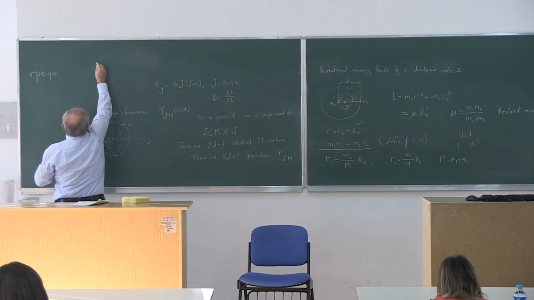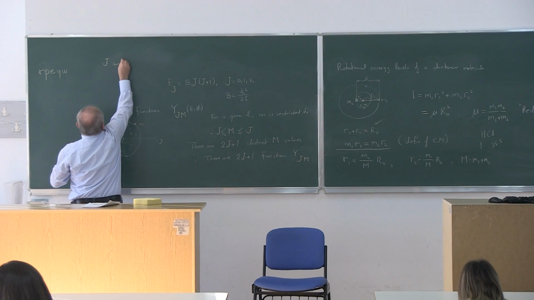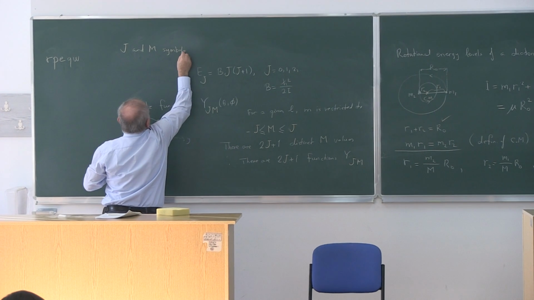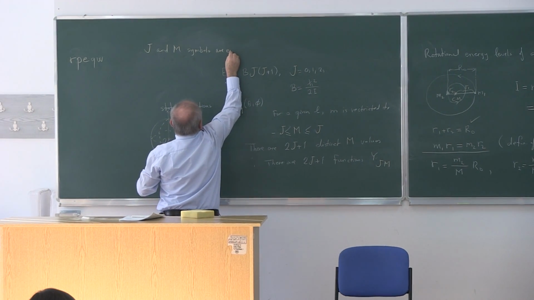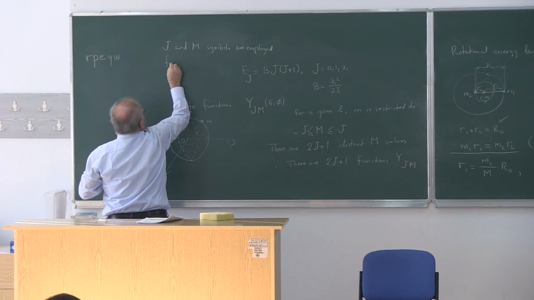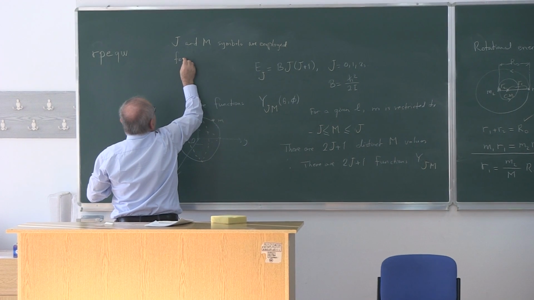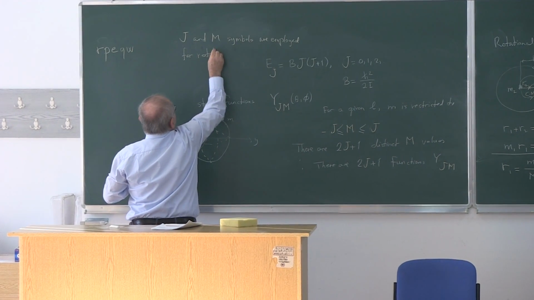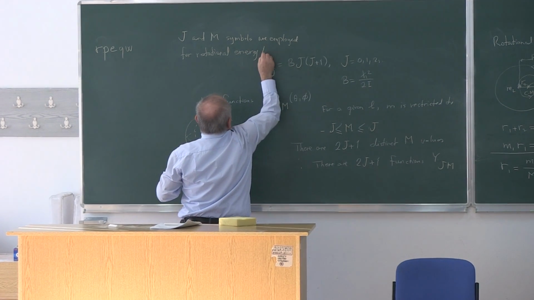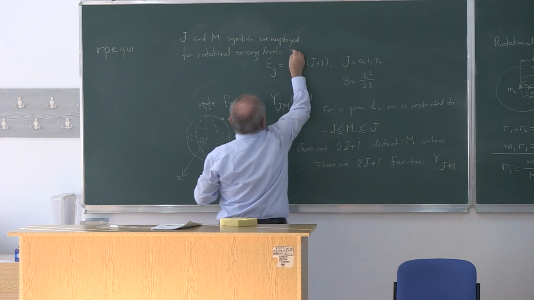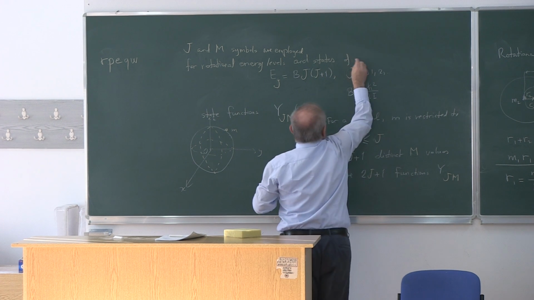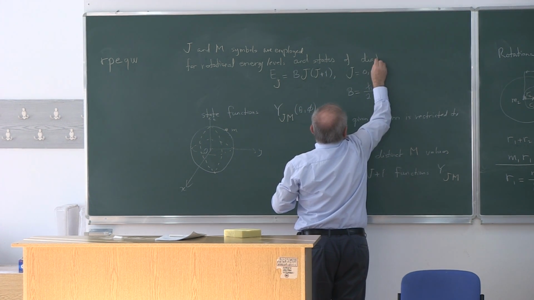So J and M symbols are employed for rotational energy levels as states of diatomic molecules.